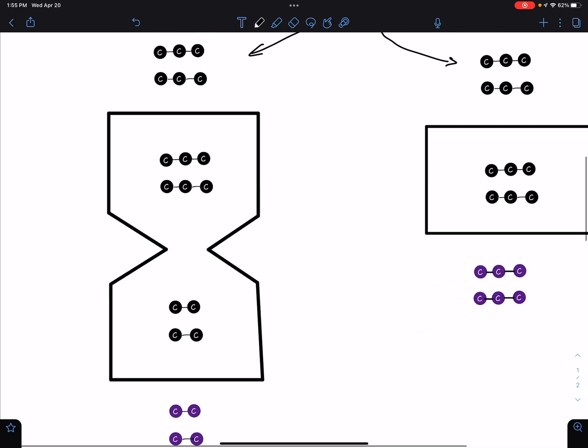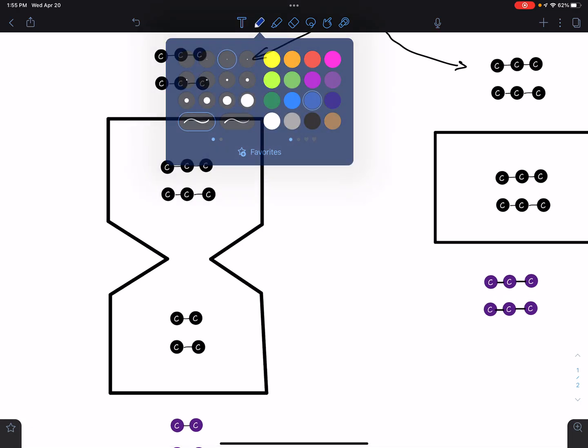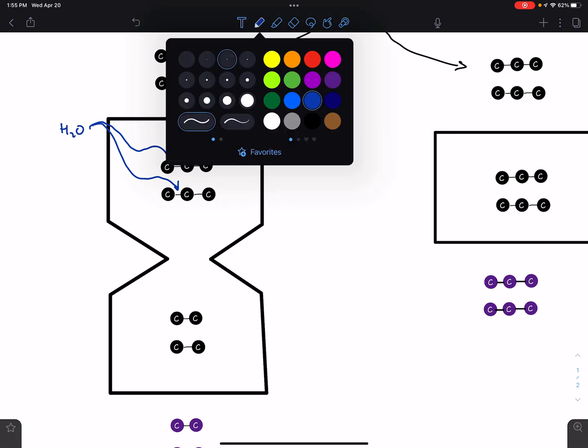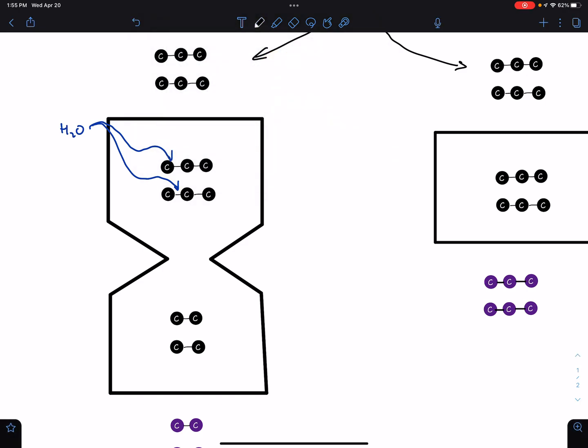In alcoholic fermentation, water is involved in the reaction. It's going to come in and help split the carbon off of this 3-carbon compound.